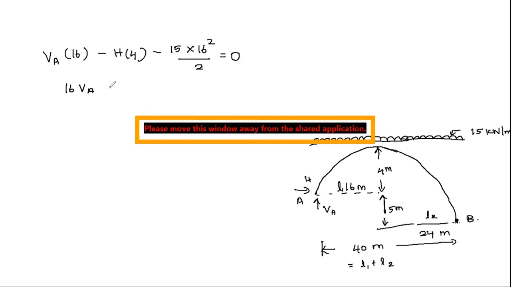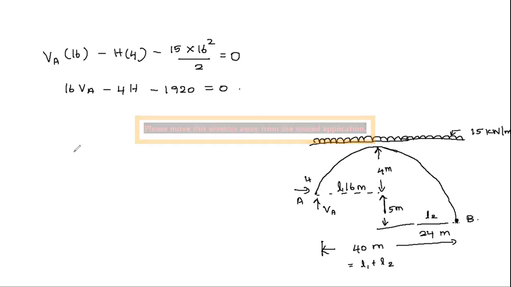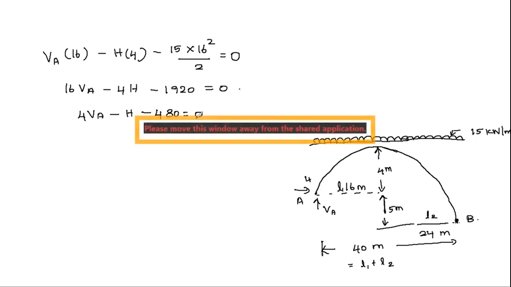So 16 VA minus 4H minus 1920 equal to 0. When we try to solve this, dividing by 4 throughout, we will have 4 VA minus H minus 480 is equal to 0.